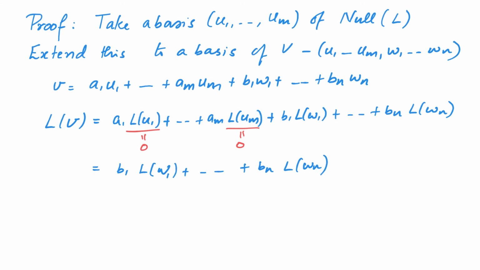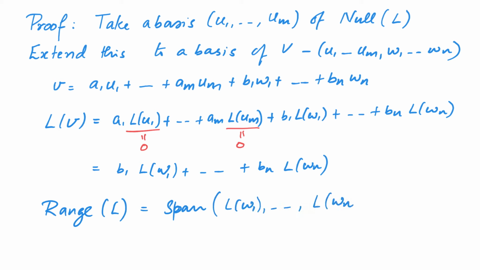In other words, the vector L of v is a linear combination of the vectors L of w1, L of w2, etc. up to L of wn. And this is true for any vector v. Therefore, we can see that range of L is equal to span of L of w1, L of w2, etc. up to L of wn.